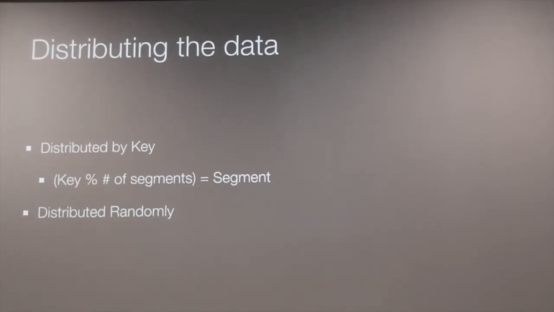You have to pick a key, and you have to say, based on what, put the data in the different places. The most common is to pick a key, and then the key will be transformed via some sort of hash function to an integer, and then the integer will be taken modulo the number of nodes you have, and you put the data on the right piece.